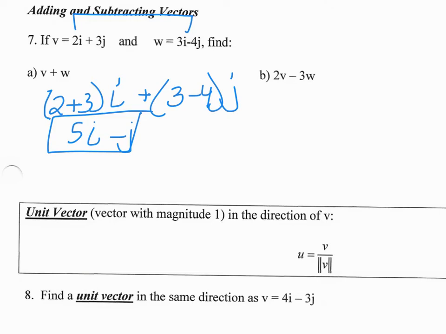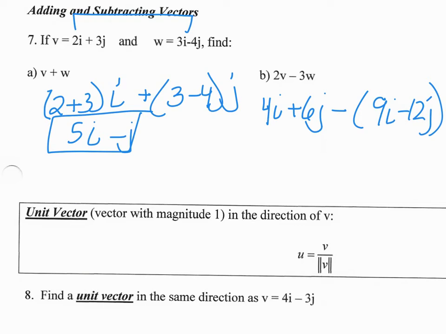And then if I look at part B, 2v, so if I said 2 times the v vector, I would get 4i plus 6j, and then minus 3 times the w would be 9i minus 12j. Okay, so I just tripled the w's and I doubled the v's, and now I do my subtractions.